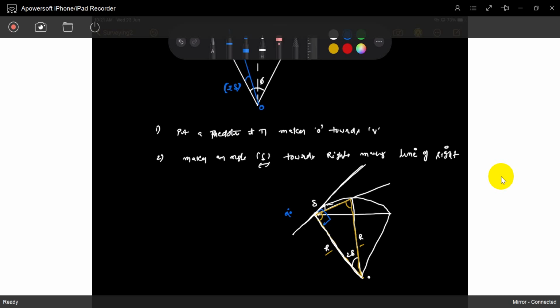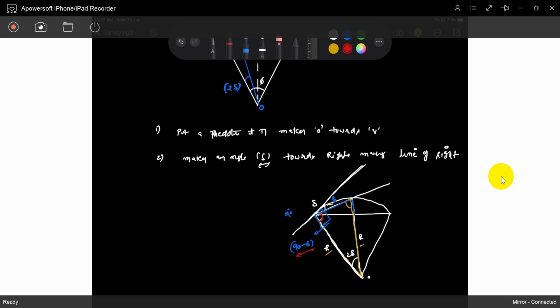I said this is alpha, so what is this angle? It is 90 minus alpha. In this triangle, this is alpha, so the remaining is 90 minus alpha.